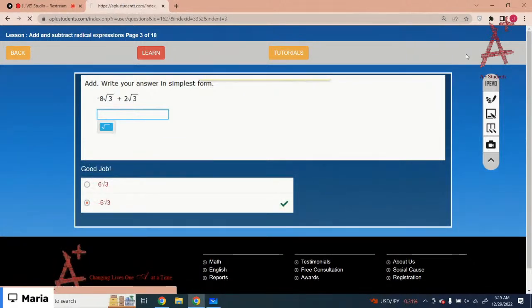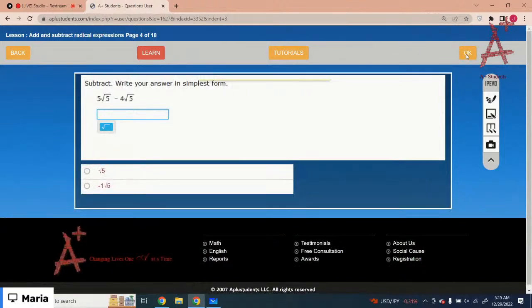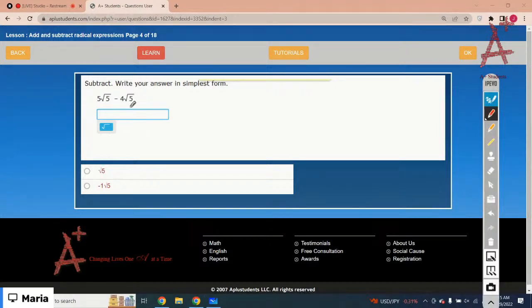Okay, the next one is 5 square root 5 minus 4 square root 5. So we can take common square root 5. Then we are left with 5 minus 4. So 5 minus 4 is 1.